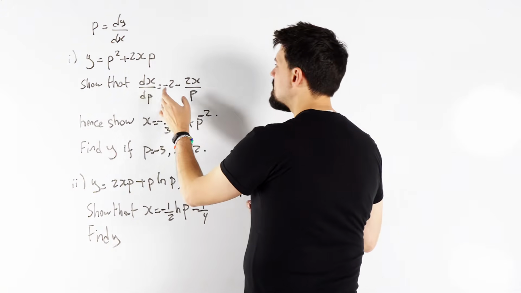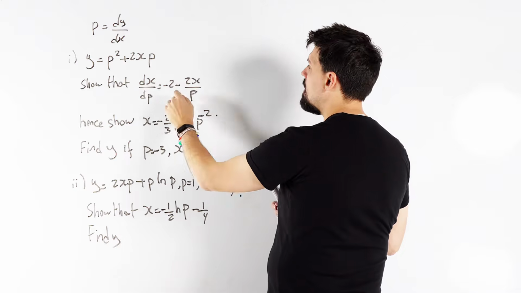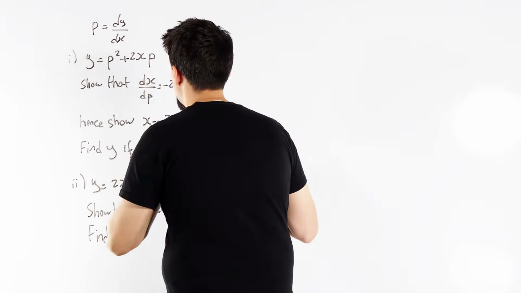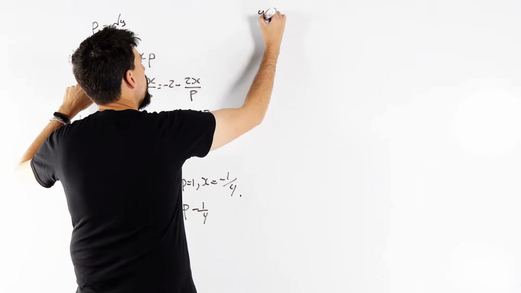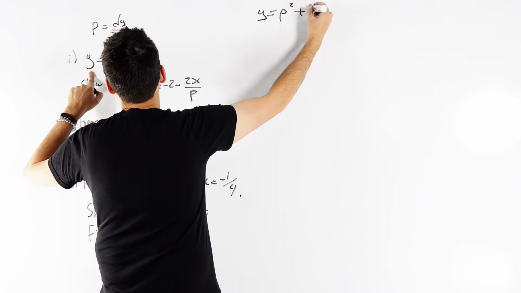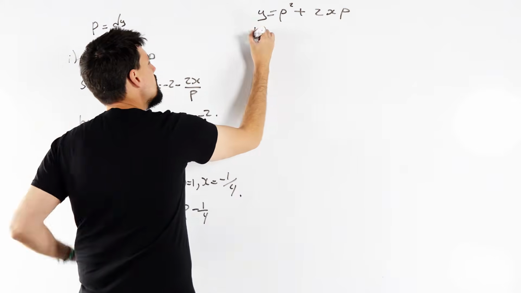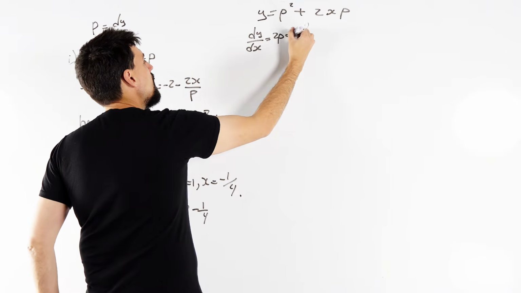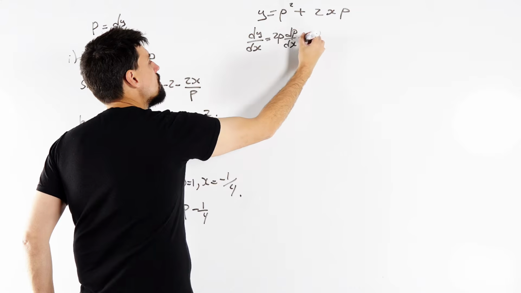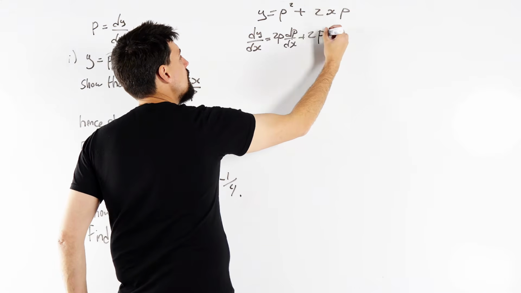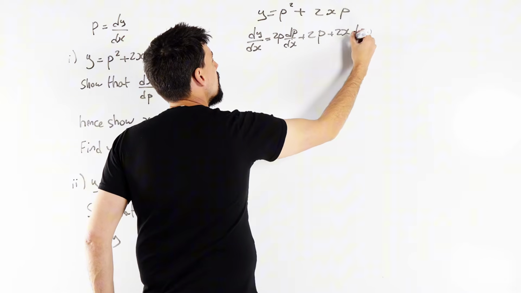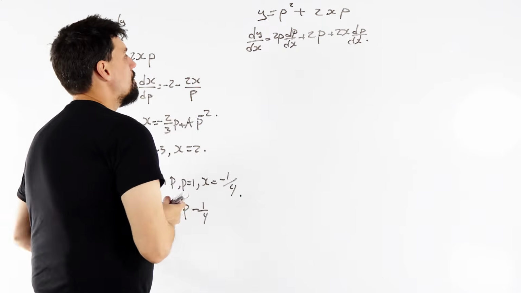But how about we differentiate and see what happens. So y is p squared plus 2xp. Now let's differentiate with respect to x. dy/dx is 2p dp/dx plus differentiate the x, keep the p, plus keep the x, differentiate the p.